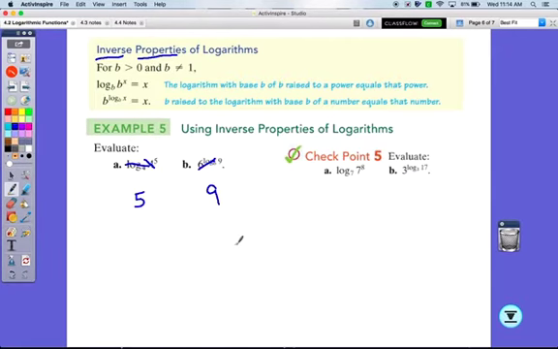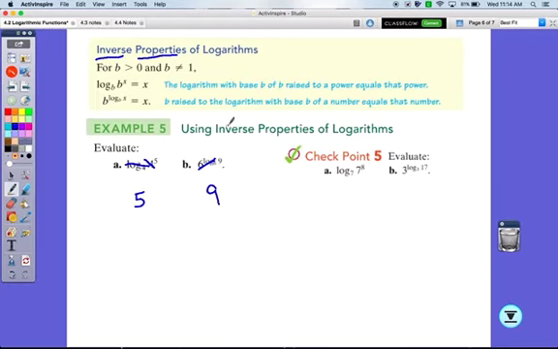So again, if you see a log, and the argument of the log is an exponential with the same base as the log, they cancel out, and that exponent is the answer. If you have an exponential where the exponent is a log, and the base of the log is the same as the base of the exponential, then the inside of the log is the answer.